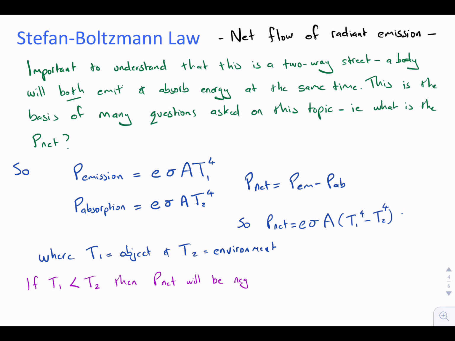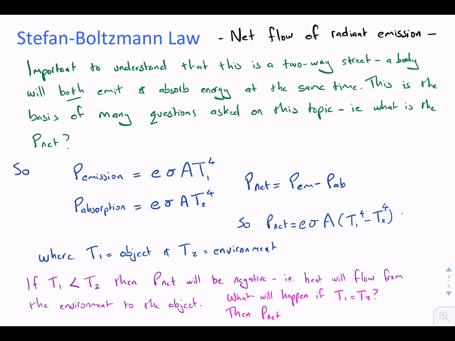So if T1 is less than T2, then P net will be negative, i.e. the heat will flow from the environment to the object. Think about what will happen if T1 equals T2. Of course, then P net will equal 0 joules per second. There will be no net heat flow.